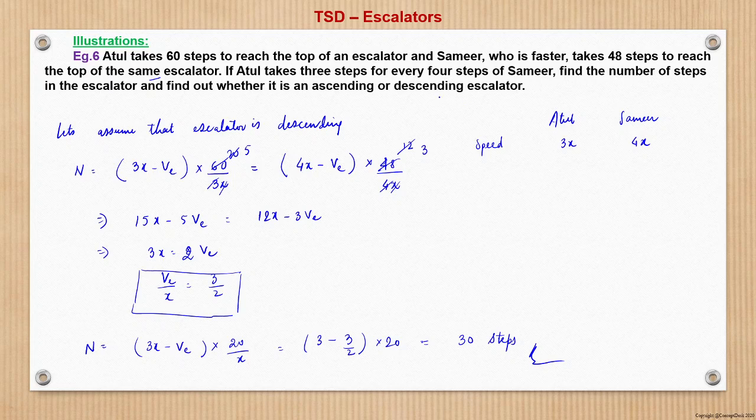And whether it's moving ascending or descending, it's ascending. Now, for the sake of completeness, I do it here for ascending also, but in that case we will not get a valid answer.